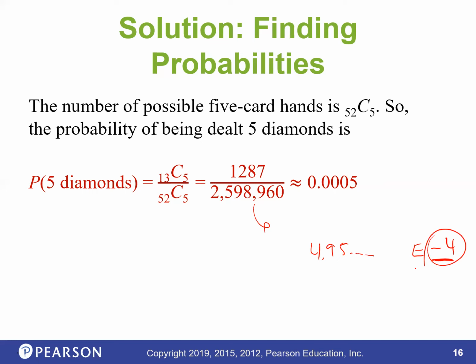Because you have the -4 here, which means 1, 2, 3, 4 is your correct decimal point if you need to put it in standard notation. So there it is, 0.000495, if you want to do this, 5 somewhere in that range. Are we good?